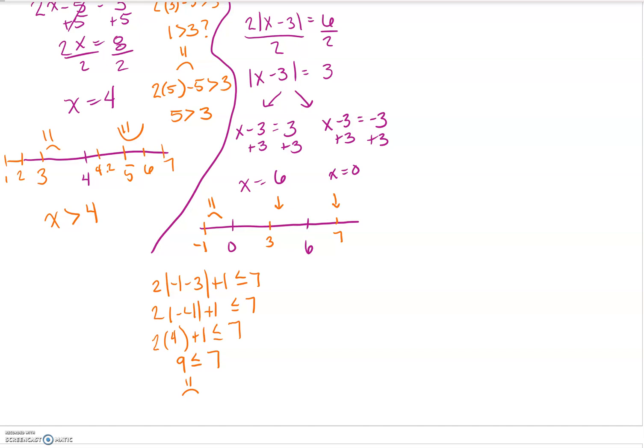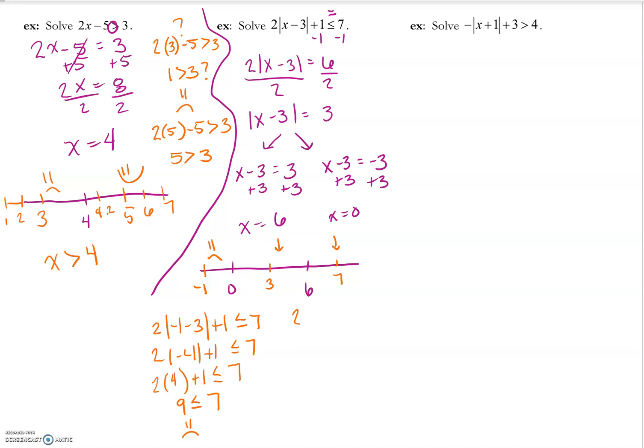Now let's plug in the number 3. Into my original, 2 times the absolute value of 3 minus 3, plus 1, is that less than or equal to 7? Just like how we did in the first one, start inside your absolute value. 3 minus 3 is 0. Still have your times 2 and your plus 1.